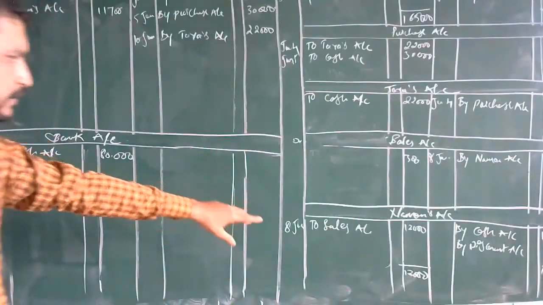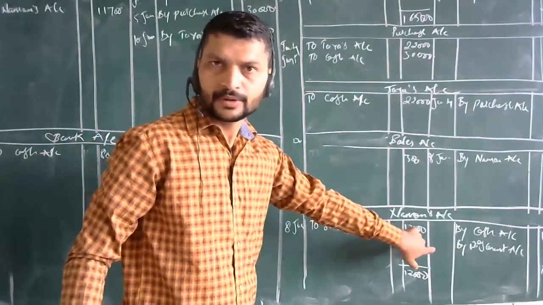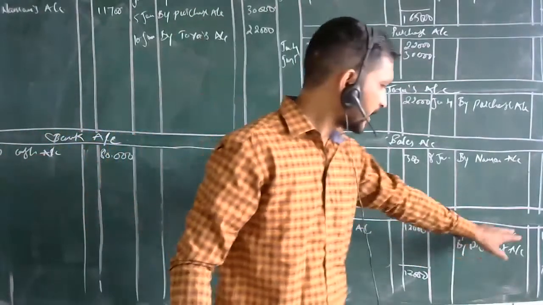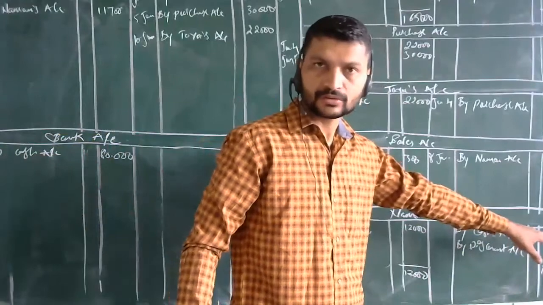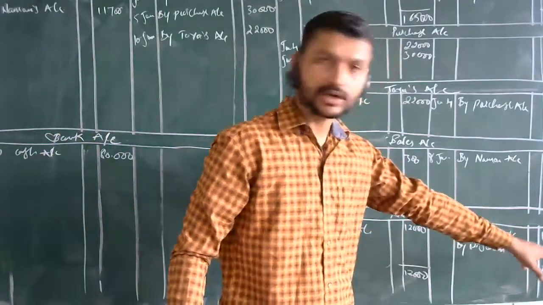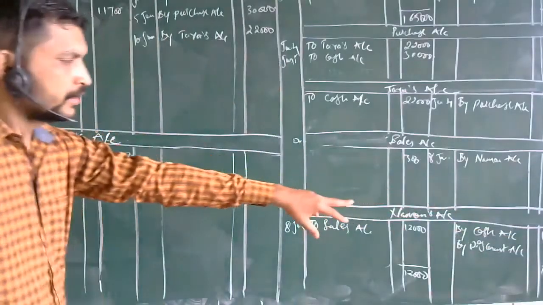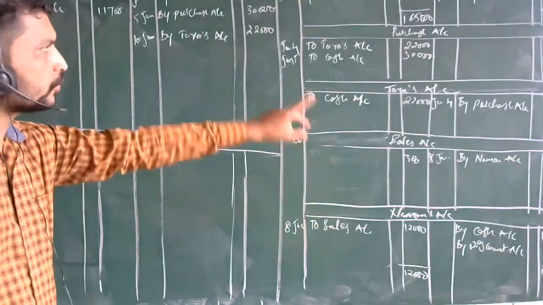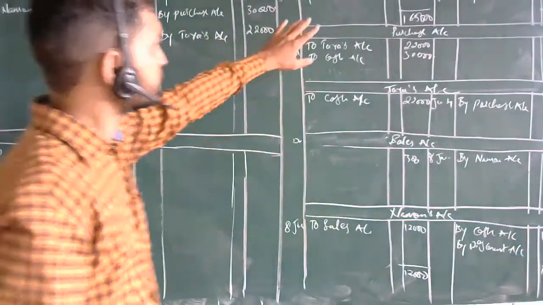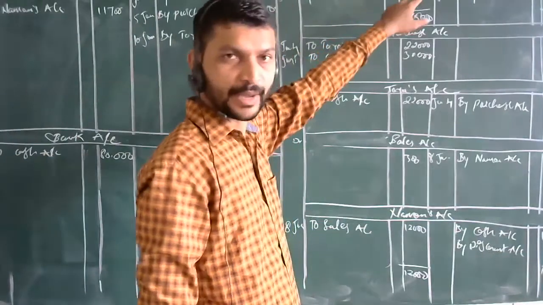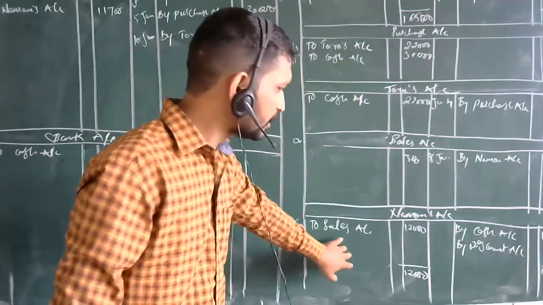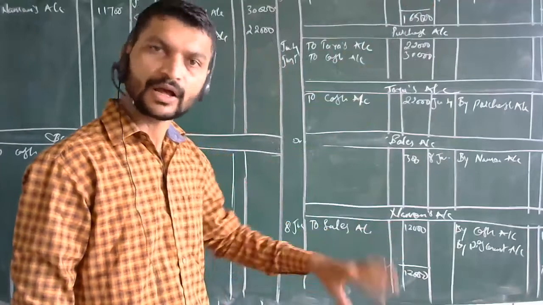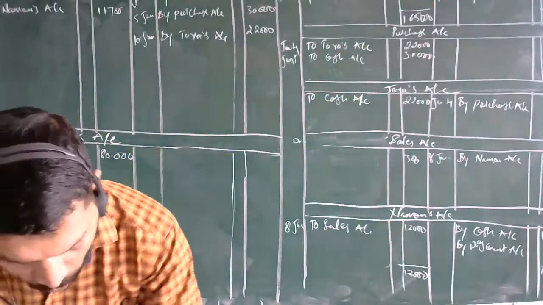Downward you can see here: to sales account, already you have shown the amount 12,000, and by cash 11,700, and by discount account you are showing 300. So these two things got completed. One, capital account completed, and Naman's account completed. I will use that for other purposes. Now other accounts I will open over there.